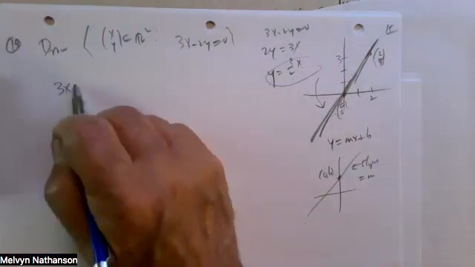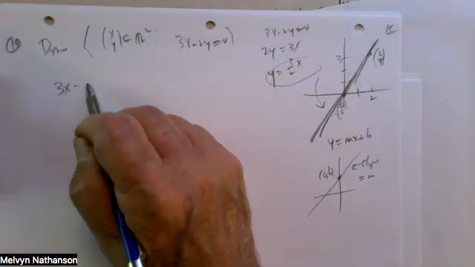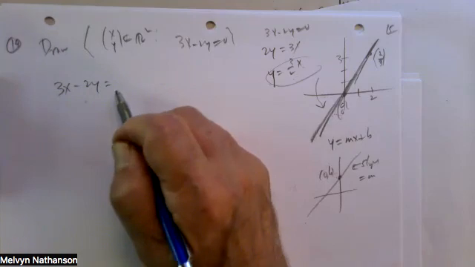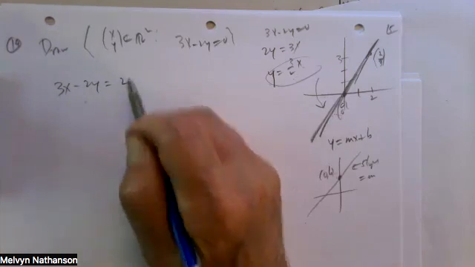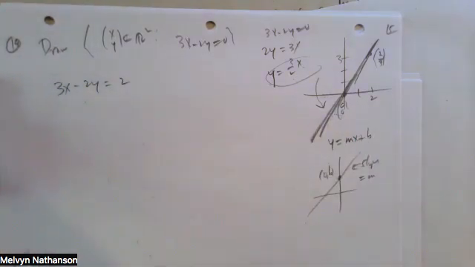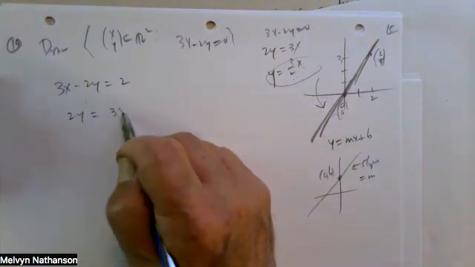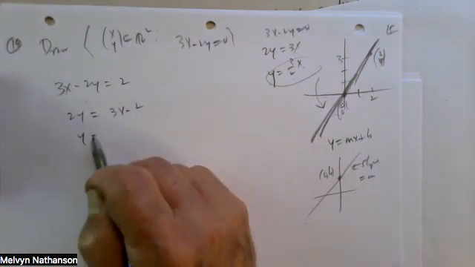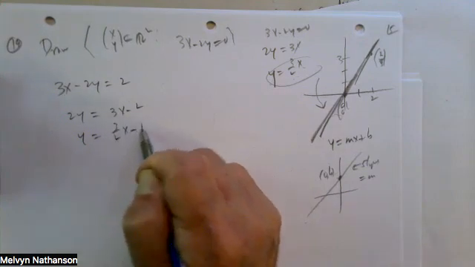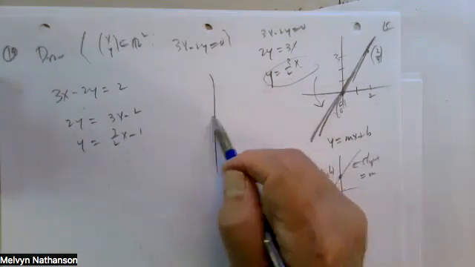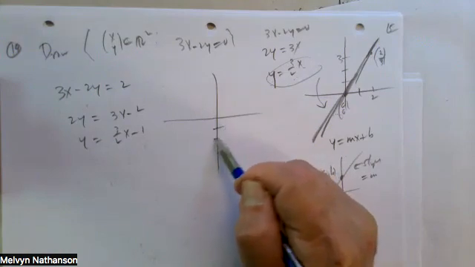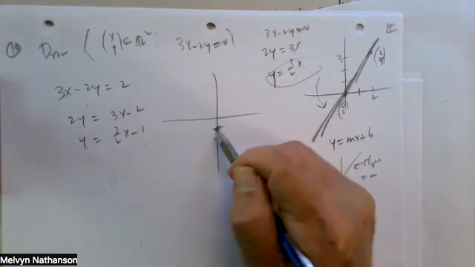And in the second part where you have 3x minus 2y equals, for example, 2, again, you have to solve that equation for y. 2y is 3x minus 2. Y is 3/2 x minus 1. So that's a line with the same slope. This is minus 1.